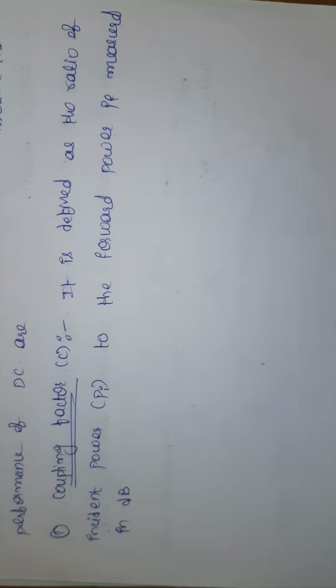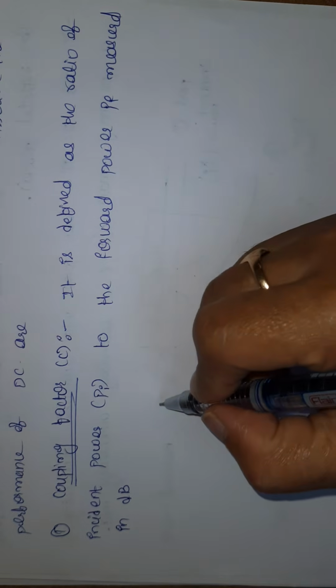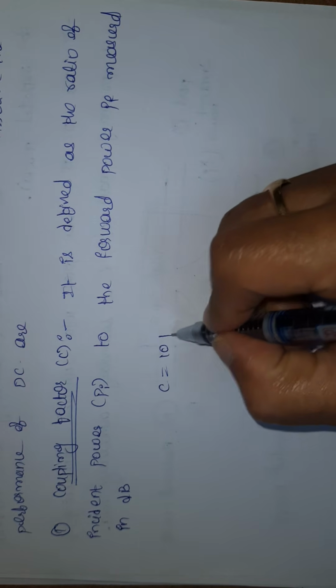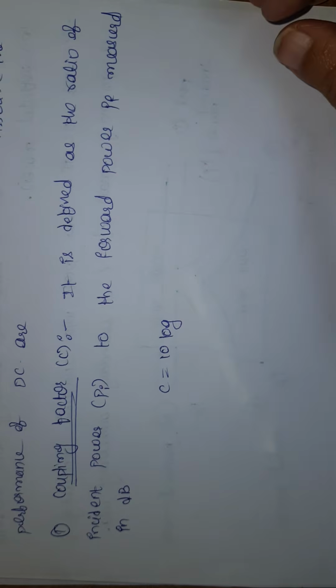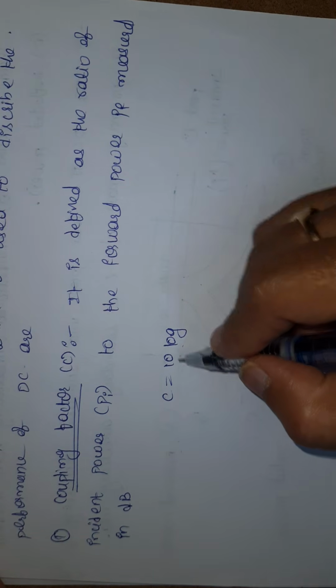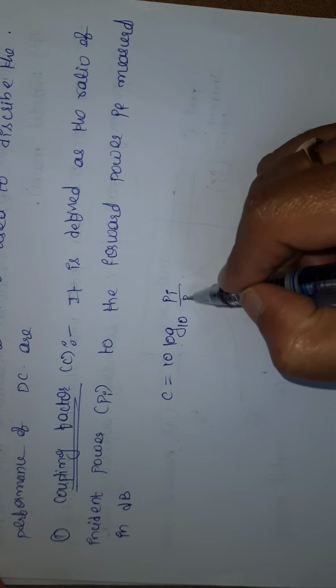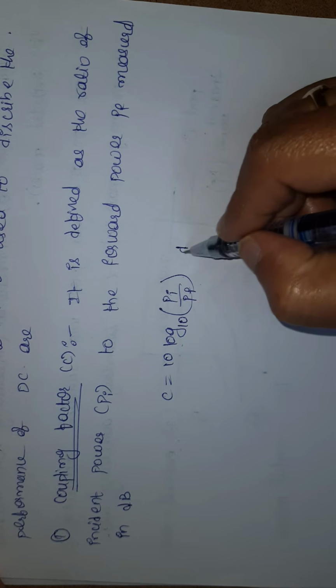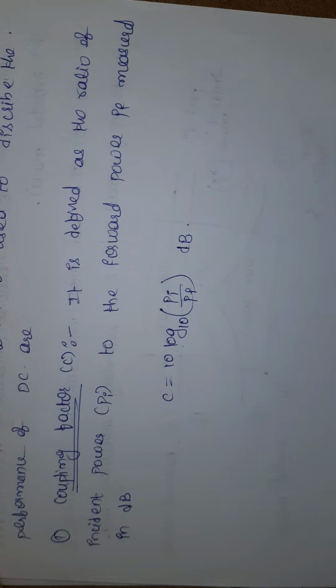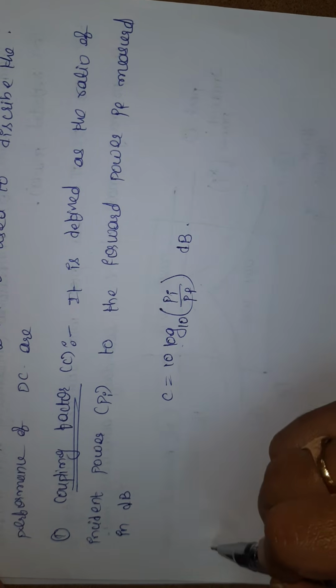Mathematically it can be written as C is equal to 10 log to the base 10 of Pi by Pf, in dB. Okay, this is about the coupling factor.